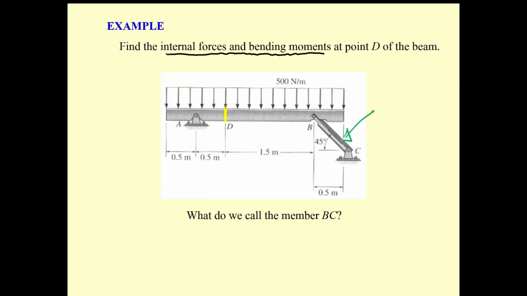If you consider the whole structure, both this one and this member, you will see C is going to be hinged, A is going to be hinged. So if you connect all of this to be one piece, you have 1, 2, 3, 4 unknowns. You cannot solve it.